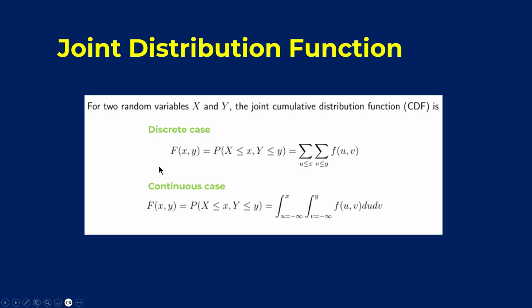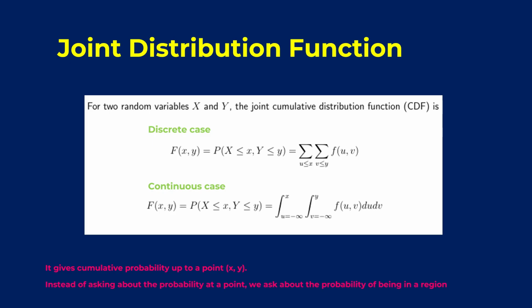For the discrete case it is the summation, and for the continuous case it is the integration. That's how a joint cumulative distribution function is defined. It gives the cumulative probability up to a point x and y, and instead of asking about the probability at a point, we are asking about the probability of being in a region. So that was all about the joint distribution function.